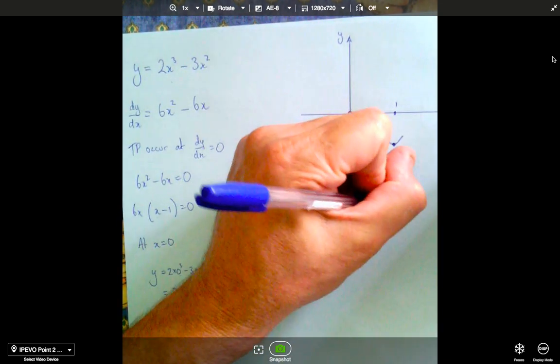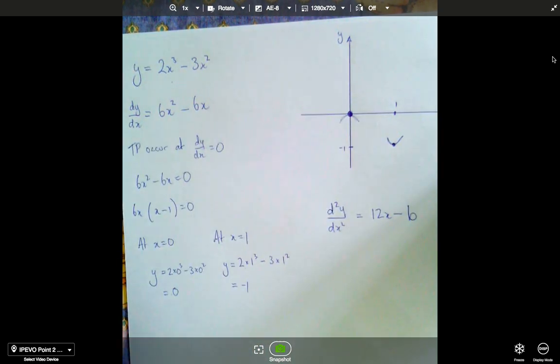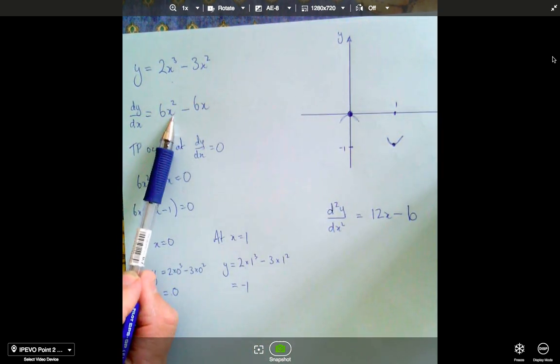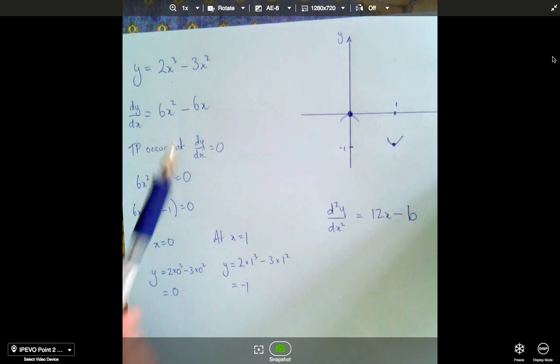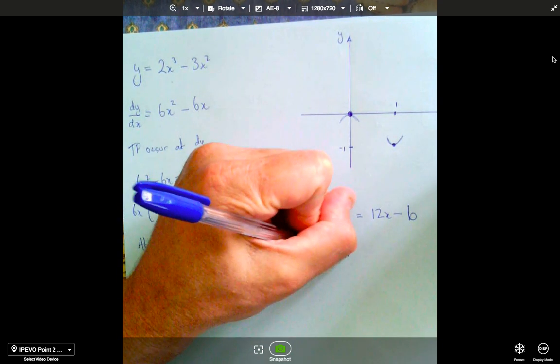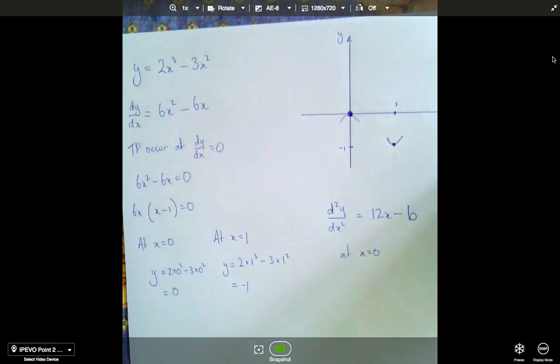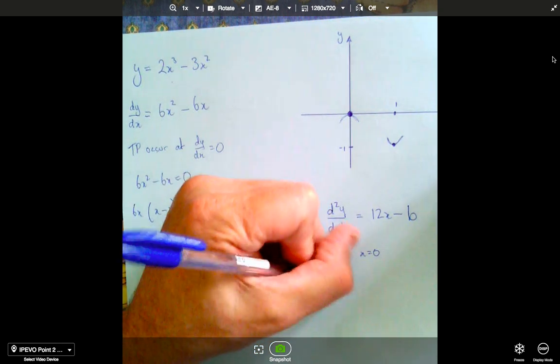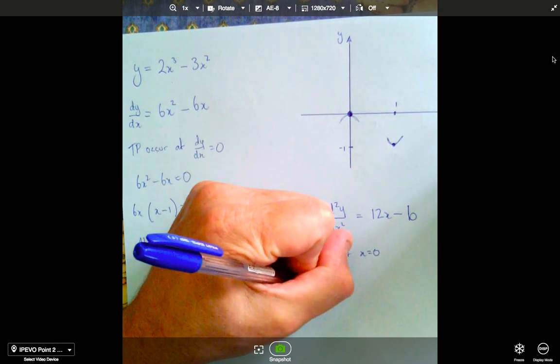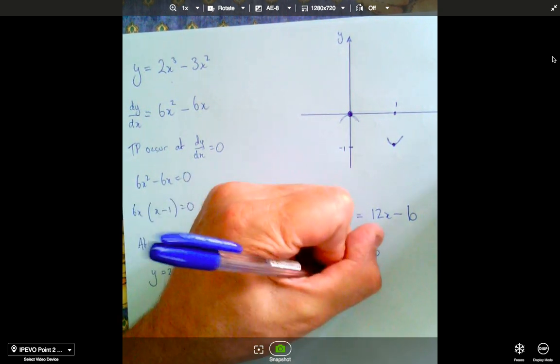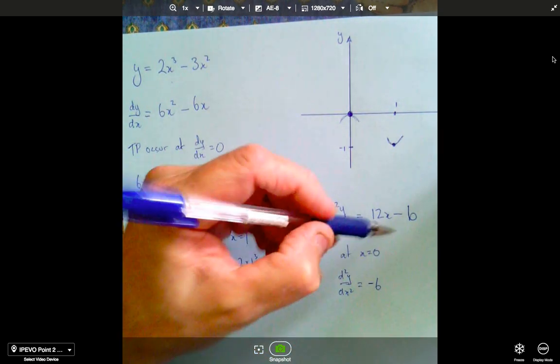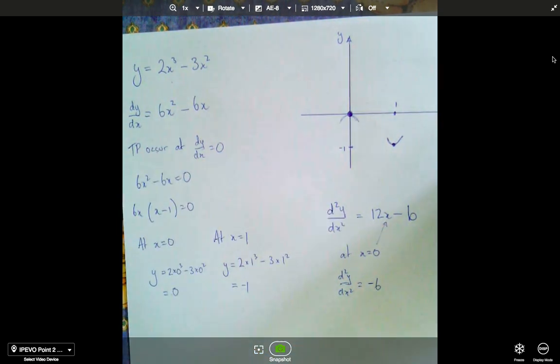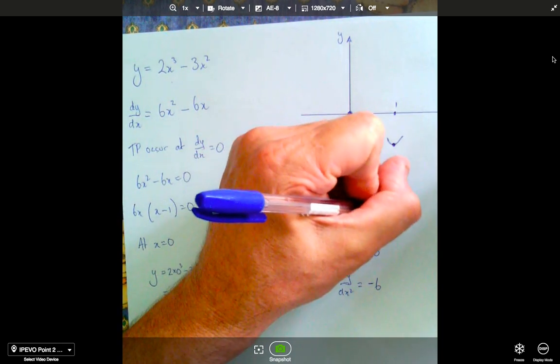Now, at x equals 0, again, we're looking at these two points, x equals 0 and x equals 1. At x equals 0, d2y/dx squared equals minus 6. If we put this in here, we get 12 times 0 is 0, minus 6 is minus 6.